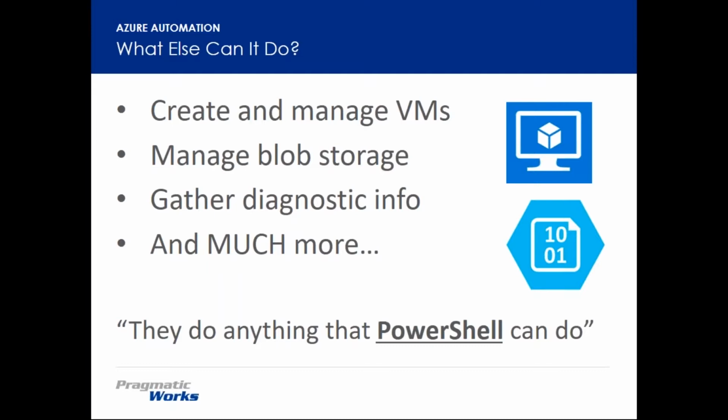For diagnostic information, we can run automation scripts that will tell us about resource usage, or how much space we're using, or which databases are at what service tier. There's just a lot we can do with it. And to get started, it can be a little bit overwhelming. We're going to talk about just a couple of cases of how we can use this for the database. We'll get to that in a second.